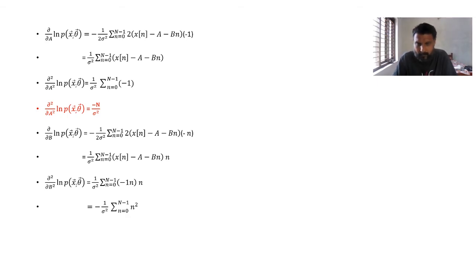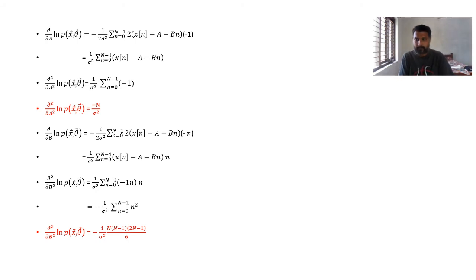So ultimately this becomes N(N minus 1)(2N minus 1) by 6, so ∂²/∂b² ln p(x;θ) is minus 1 by σ² times N(N minus 1)(2N minus 1) divided by 6. Okay, so this also I indicate in red, because we have to take the expectation of this one.